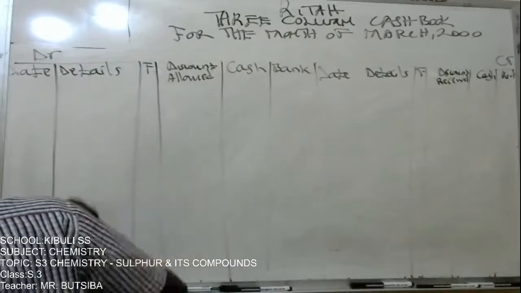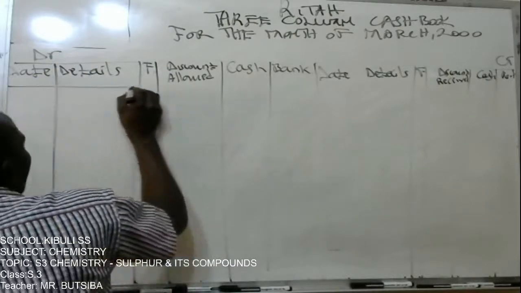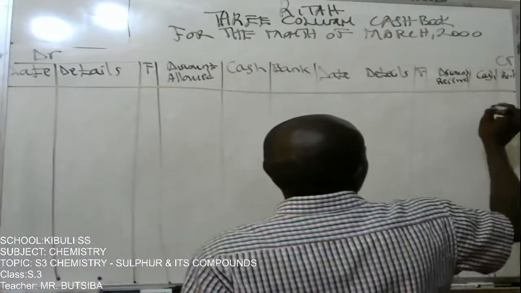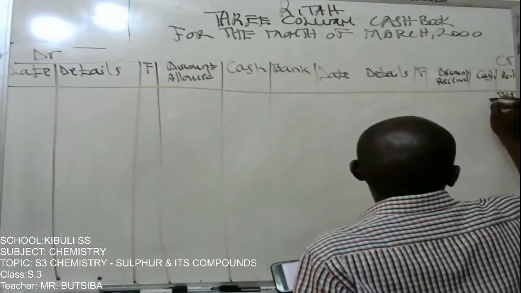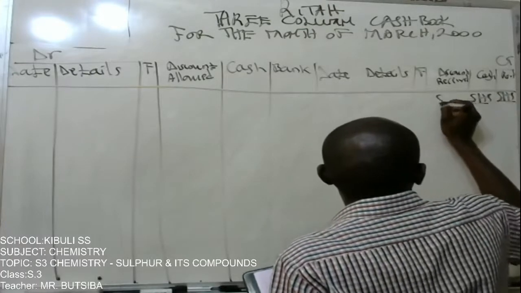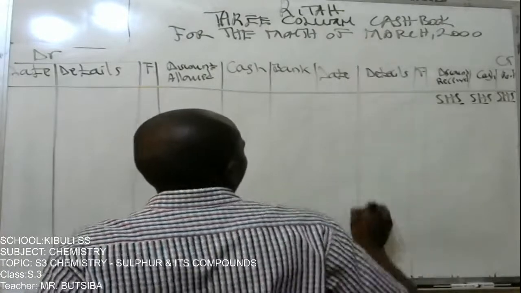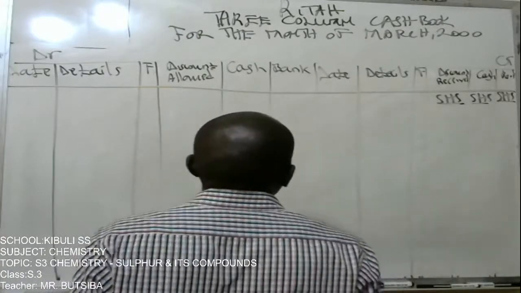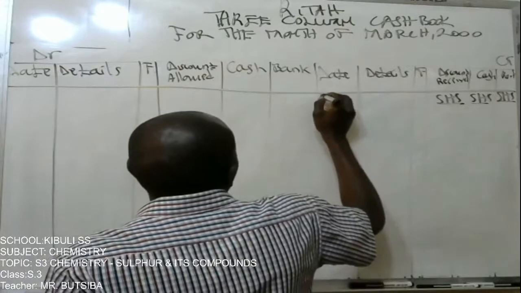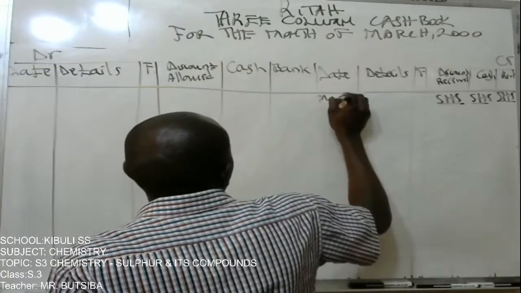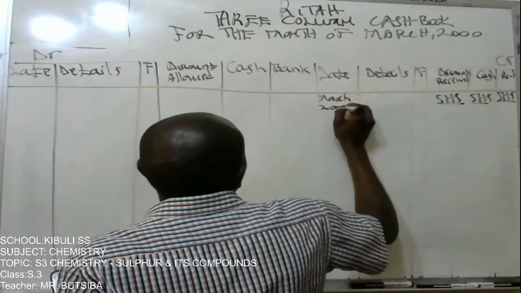You should master the format. Include your units in the respective amount columns. And then the date, month, and year. This is March 2000.